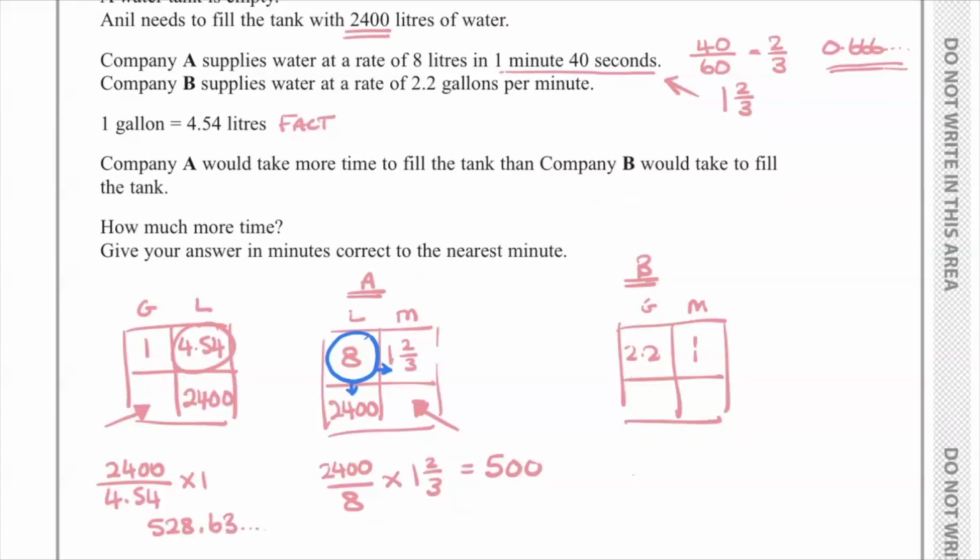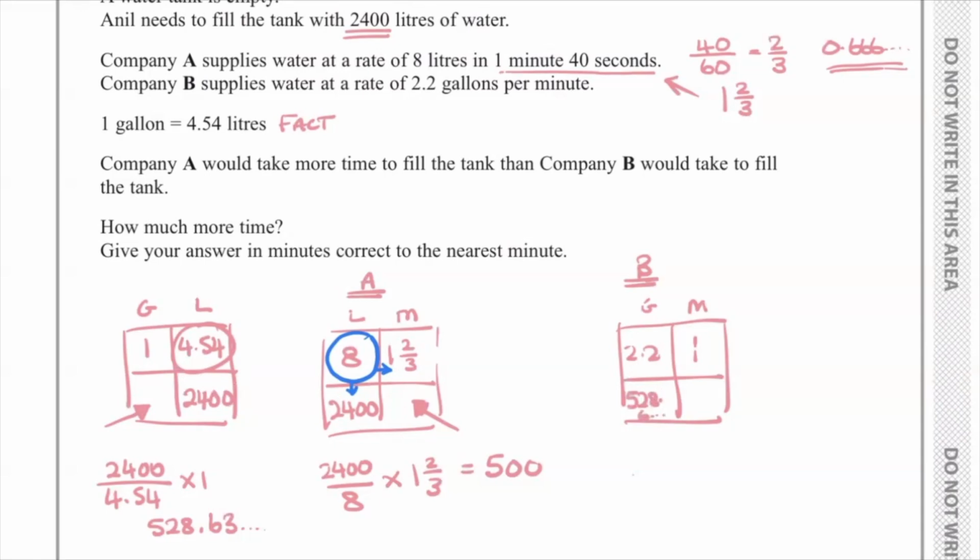Now, try not to round at this stage. It's sitting in the calculator screen anyway, so just leave it sitting in the screen. But what we now have is our gallons to pop in company B, 528.63, and on it goes.